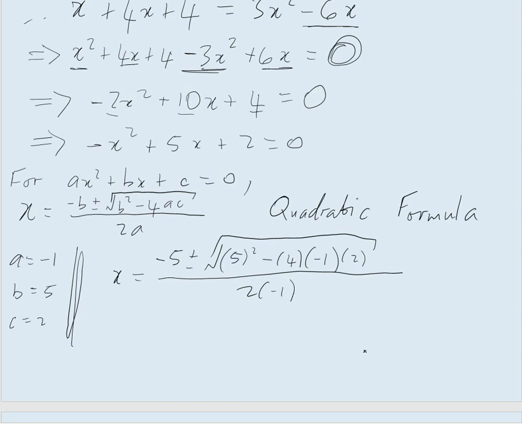So we end up with 2 answers, which is expected because it is quadratic.